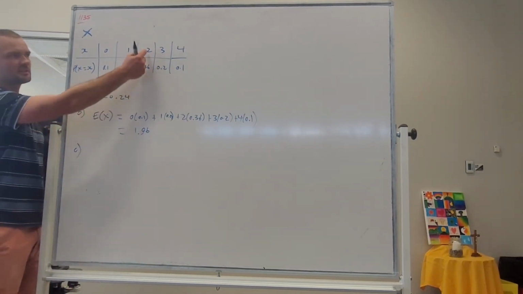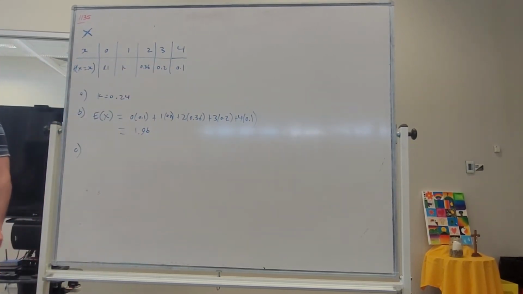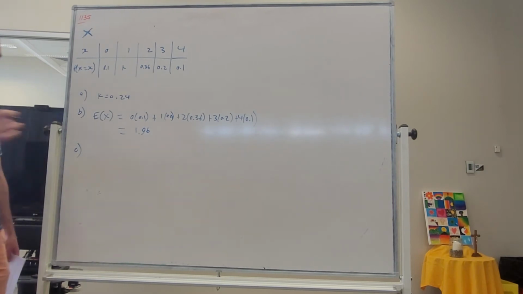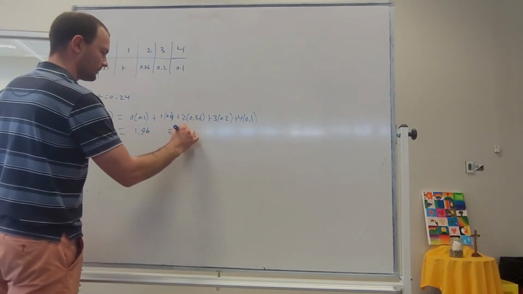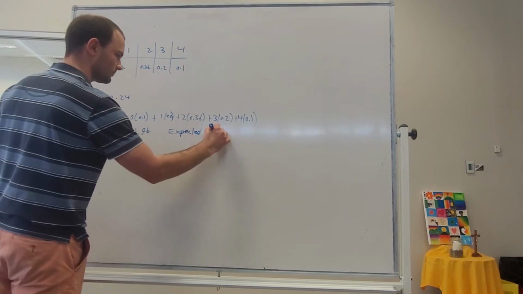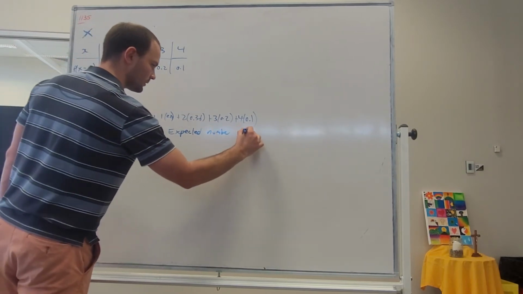The most common is 2. He normally solves 2 cases per month. So part A says find K, part B says find E of X and explain its meaning. I found E of X here, and this is the average amount of cases he will solve per month, or expected number of cases per month.